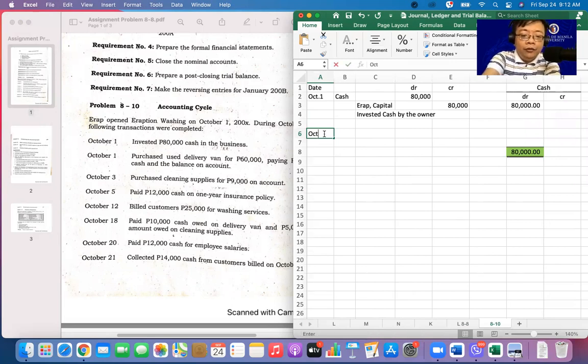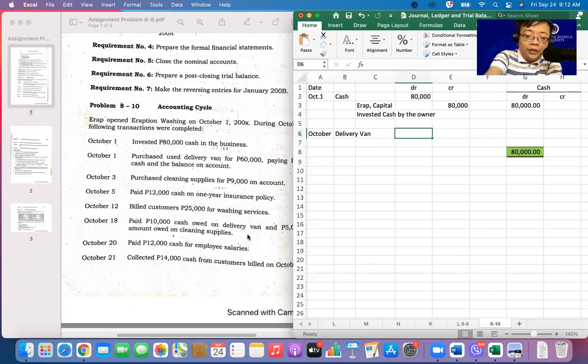Next, you have your October 1 also. Purchased used delivery van for 60,000, paying 30,000 cash and the balance on account. Very good. The entry here, of course, is your delivery van. A delivery van is an asset; it is basically transportation equipment.